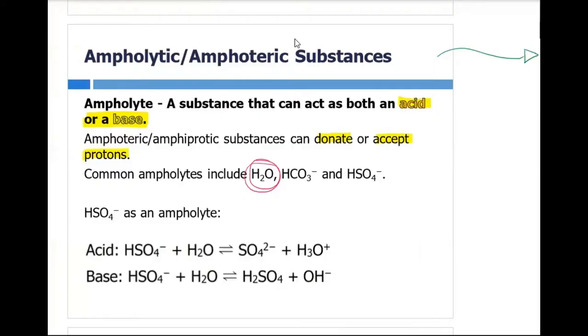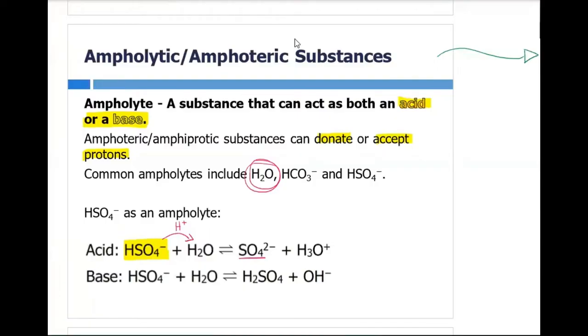So if we look at the example here, and then we'll also do one. If we look at the example that is here in front of us, you see if we give you HSO4-, which we dealt with earlier in the sulfuric acid reaction when we did the steps, if it acts as an acid, it will donate a proton, and your product will have your polyatomic ion without the hydrogen because it donated it to water, which acted as a base.